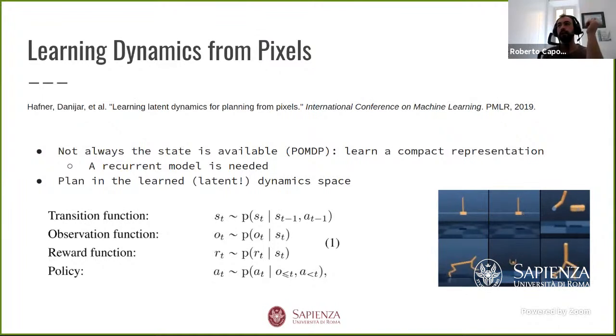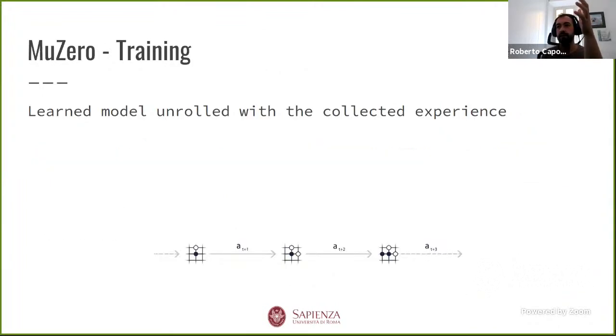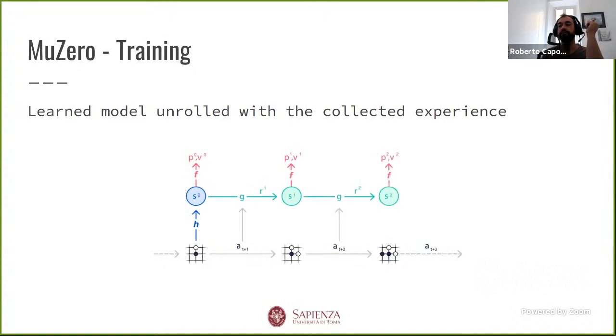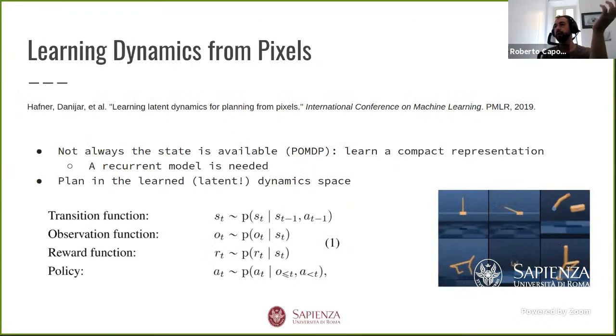So in this MuZero model, we have said there is a model that is learned in this latent space, and this is not so uncommon. There are other papers that do this. For example, in this paper, Learning Latent Dynamics for Planning from Pixels, the authors are doing exactly the same thing.